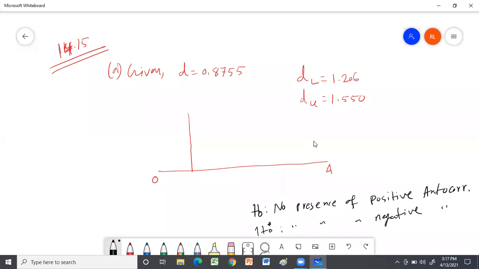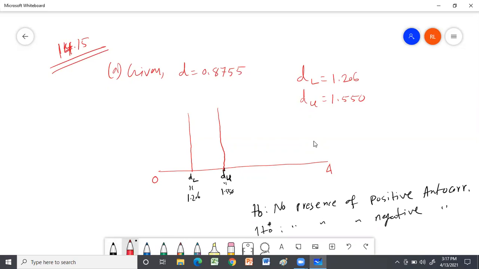So from 0 to the lower limit dL, and the upper limit of the d statistic value. Here the values are given: 1.206 and upper limit 1.550.